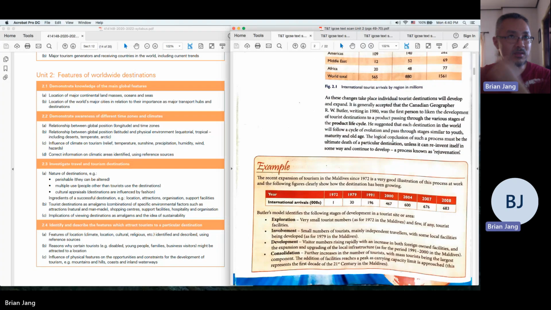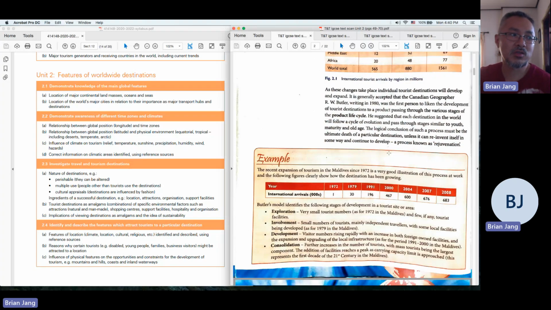Destinations are not always popular from the very beginning; they become popular over time. A new destination that doesn't have many tourists but has the potential to become a tourism destination would be in the exploration stage, identified by a very small number of tourists. For example, in 1972 in the Maldives, there were very few, if any, tourist facilities.